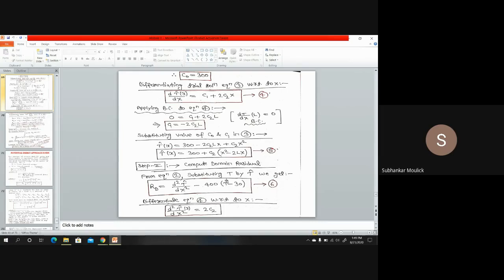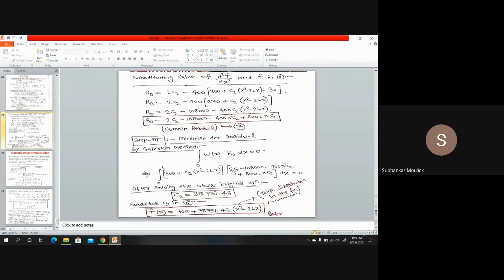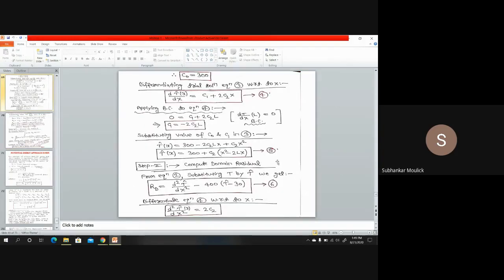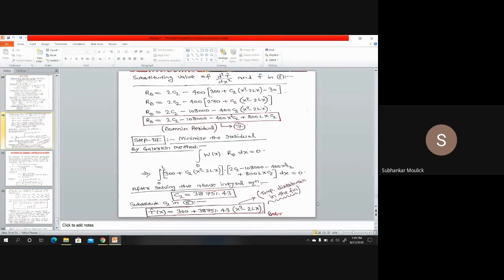So in place of this T cap, substitute this value 300 plus C2 in bracket (x square minus 2Lx), then minus 30. So if you solve it further, just open the bracket and solve it further.